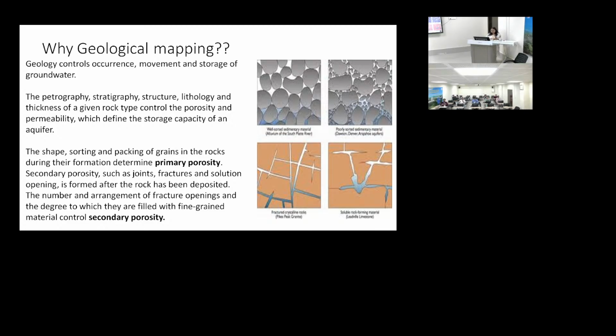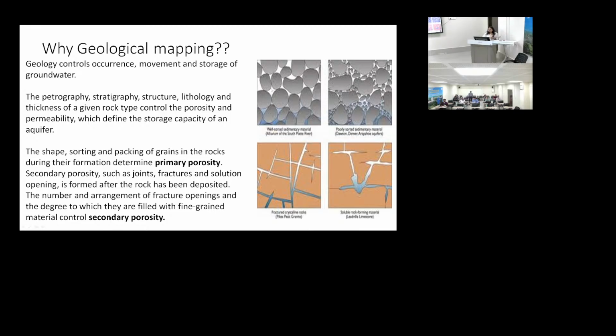So far, you must have heard about primary and secondary porosity in the previous slides. Did they cover this? Okay, so primary porosity is the porosity when grains of rocks are deposited in a lake environment, river environment, or an oceanic environment. By virtue of their deposition, they form some porosity in between those rock particles.